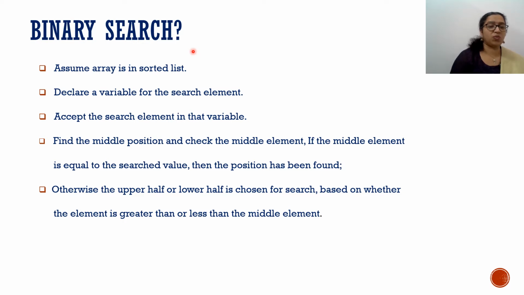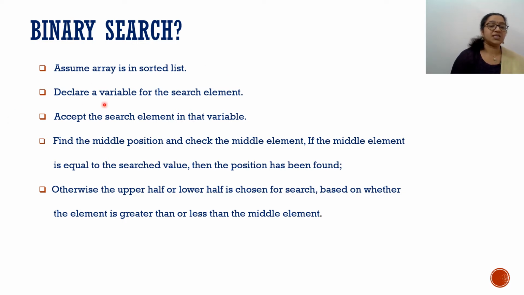But what is sorting? Sort means making the array into ascending or descending order. How to sort, I'll discuss in the next session. Here we are going to study binary search, so we can just assume that the array is in a sorted list.